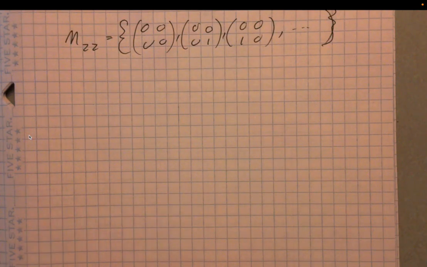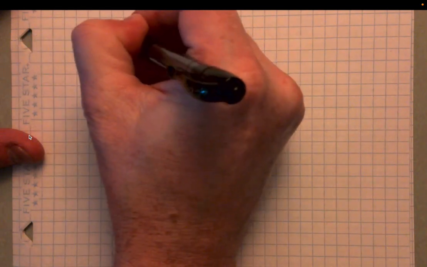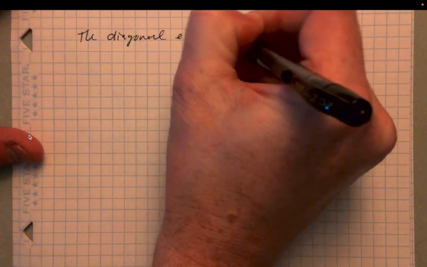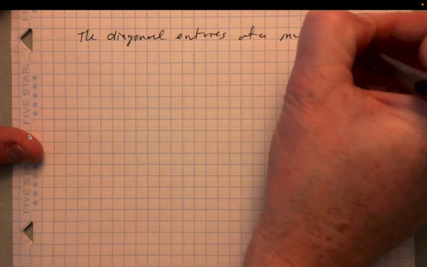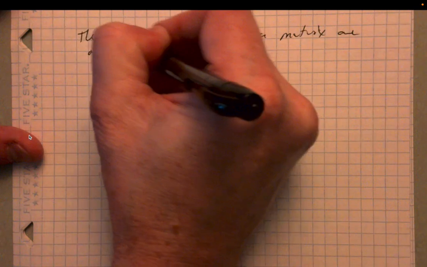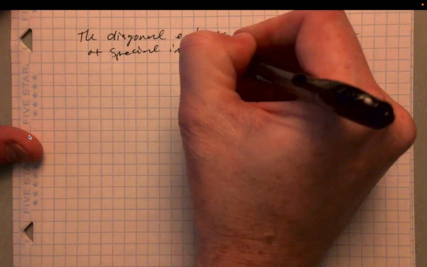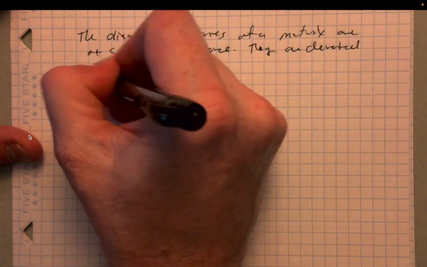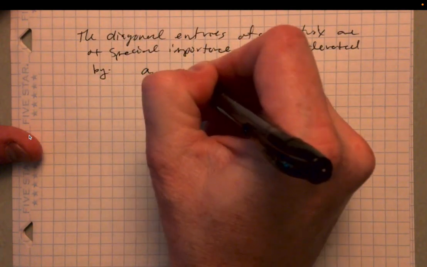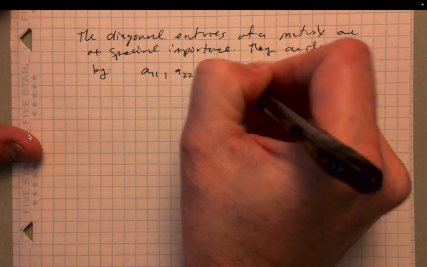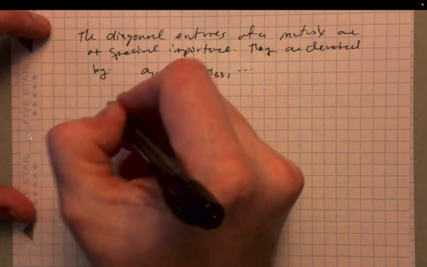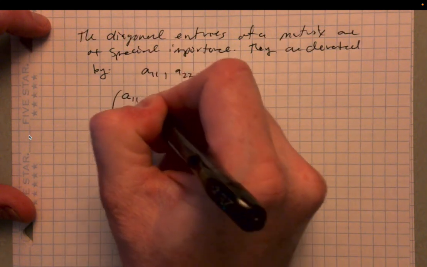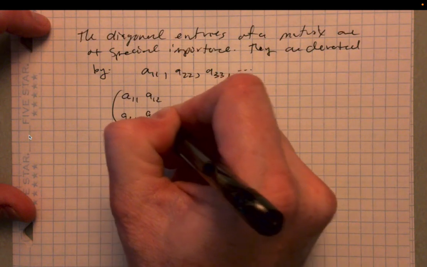The diagonal entries of a matrix will be of special importance. They're denoted in the natural way, but let's just point it out. They are denoted by A11, A22, A33, and so on. In the case of a 2 by 2, you have A11, A12, A21, A22.